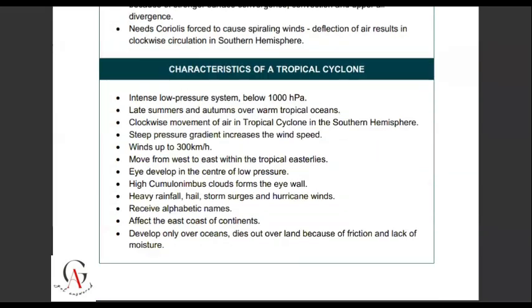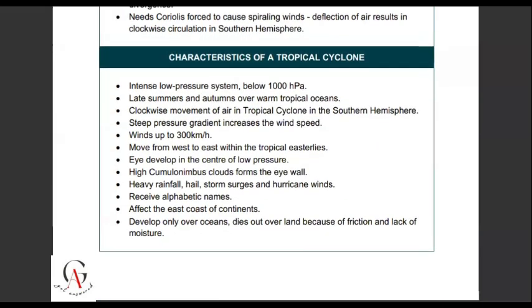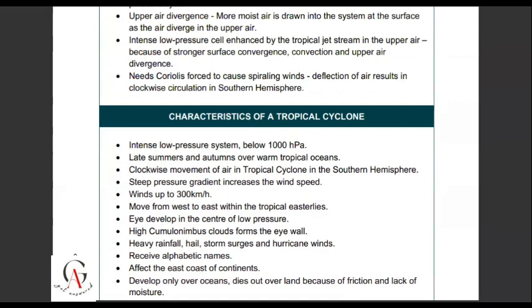Then we go to the features of the tropical cyclone. A tropical cyclone, basically, we're saying it's a low pressure weather system that typically affects in late summer to autumn. If the question asks you about the season of the occurrence of tropical cyclones, you must indicate that they occur in late summer. That is the relative response.